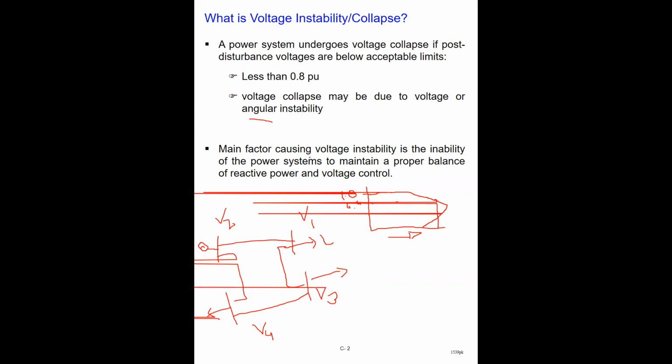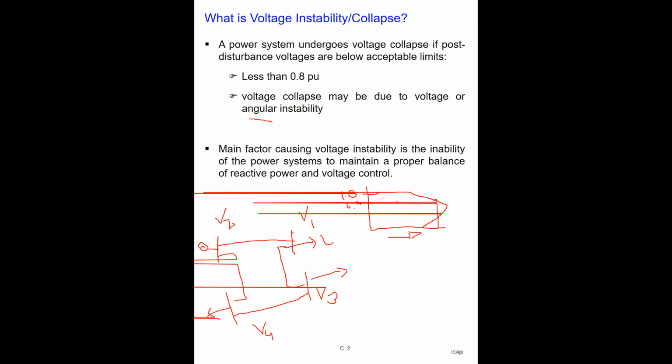Because remember one thing, the system is synchronized. Your bus network is synchronized, and one of the conditions for synchronization is that the voltage magnitude of the interconnected system should be the same.